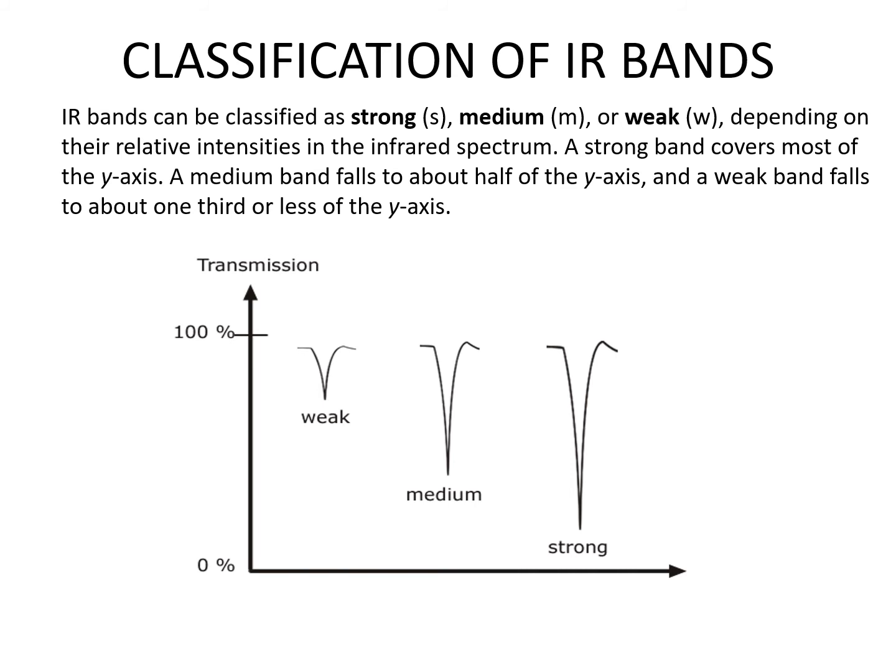Medium is also going to be a narrow peak, but it's basically anywhere from, say, 30 to 70% transmission in this circumstance. And then strong is a very deep peak that goes near 100%, but it's basically greater than 75% absorption or transmission, depending on which graph you're looking at. But those are the key things: strong, medium, and weak.